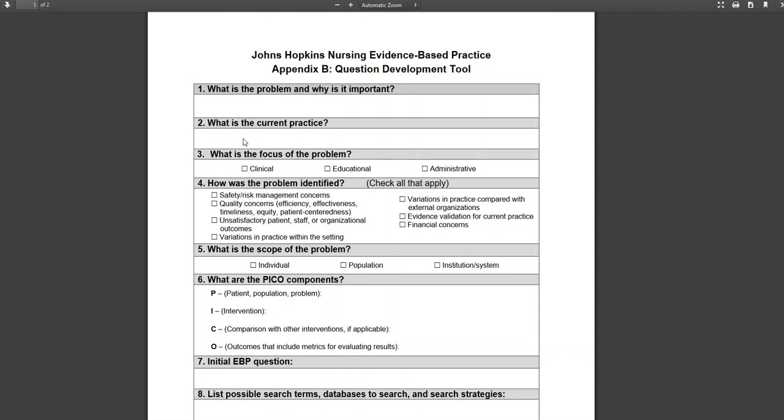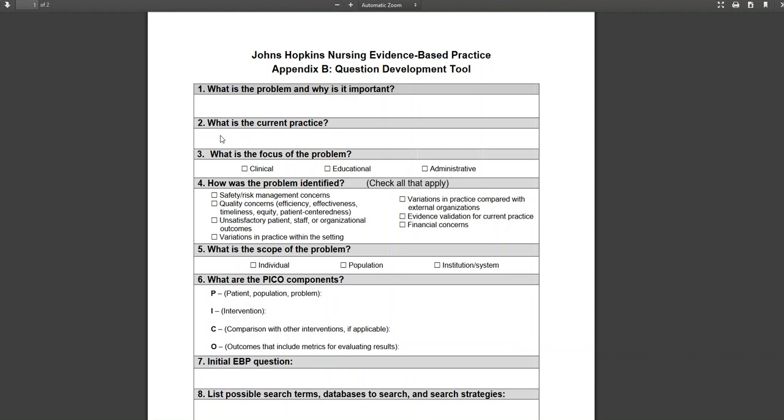So then you're going to say, what is the current practice? Number 2 is the policy. So maybe the issue is that they don't have a policy, and then that would be concerning, right? So that would be a great example of this project. You could recommend them to implement a policy.